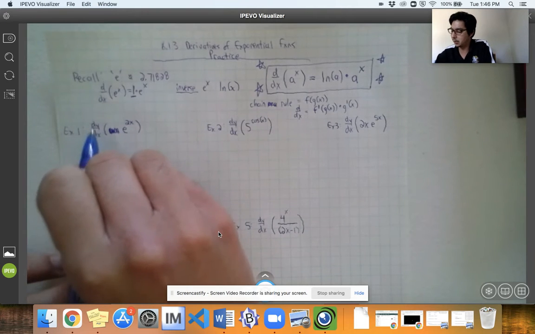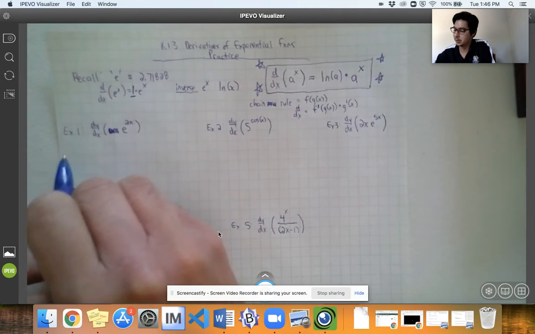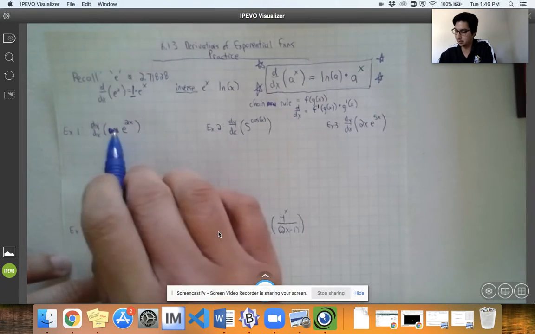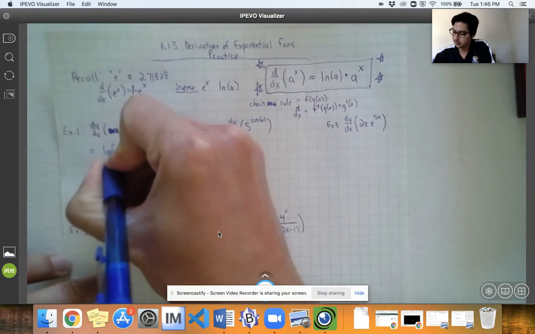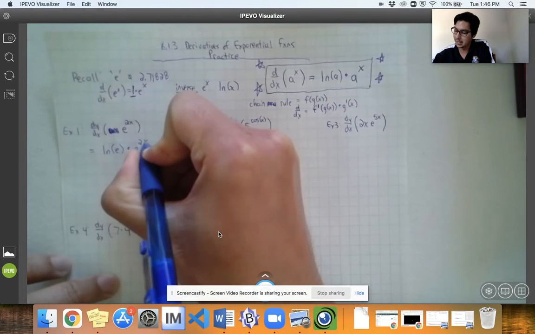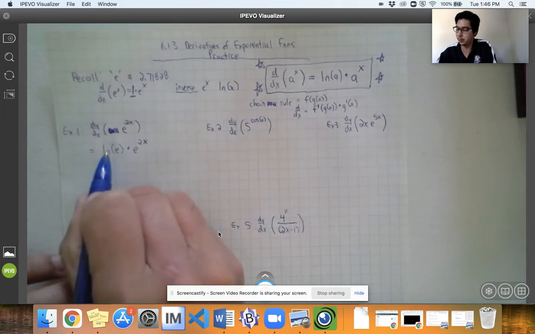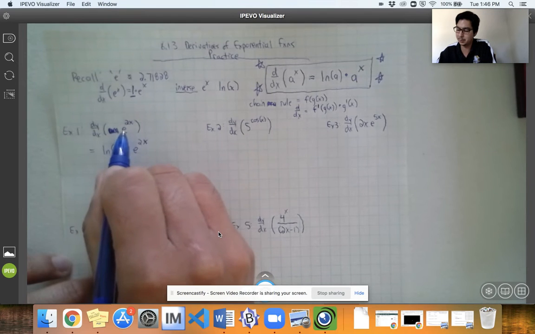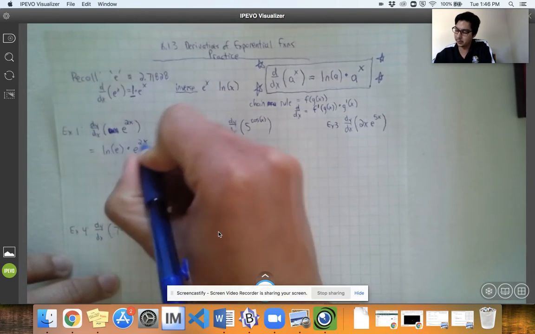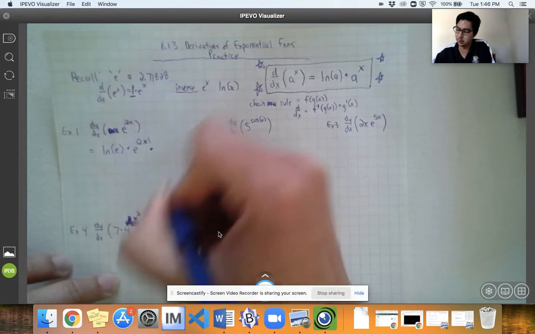So example 1, take the derivative of e to the 2x. So notice, we know e stays the same, but let's just use this definition. So it's the natural log of the base times that same function, e to the 2x. However, chain rule kicks in here. The derivative of the outside, so the derivative of the exponential, leaving the inside alone, times the derivative of the inside. Well, what's the derivative of 2x?